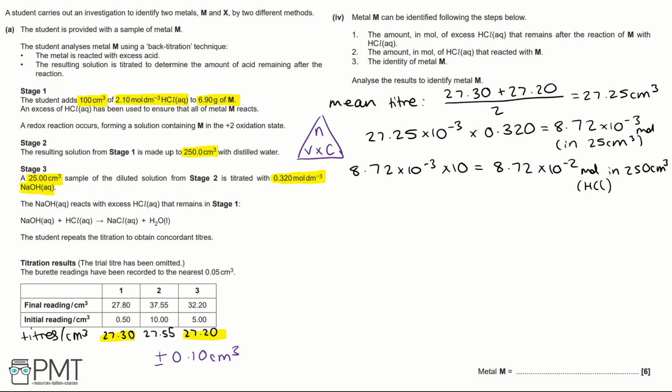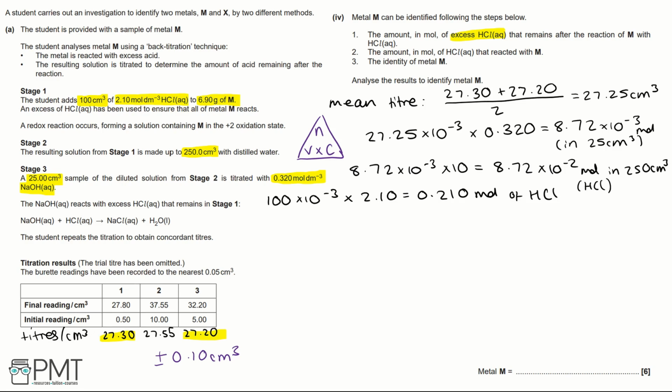But we need to work out the initial moles of hydrochloric acid in order to work out our excess. So using the equation triangle again, we have our volume and concentration of hydrochloric acid in stage 1. And that's going to be 100 multiplied by 10 to the negative 3 times 2.10, which equals 0.210 moles of hydrochloric acid originally.